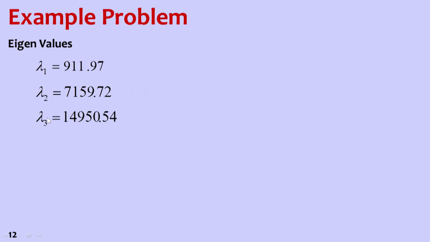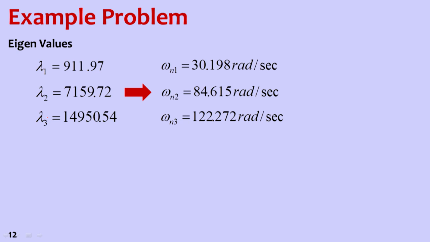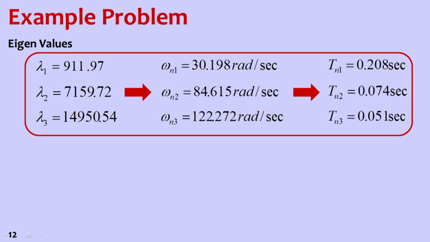If we take the square root of that, we get the natural frequencies: 30.198 radians per second as the first natural frequency, 84.618 radians per second as the second, and 122.272 radians per second as the third. The corresponding natural periods we can calculate by using T equal to 2 pi by omega n.